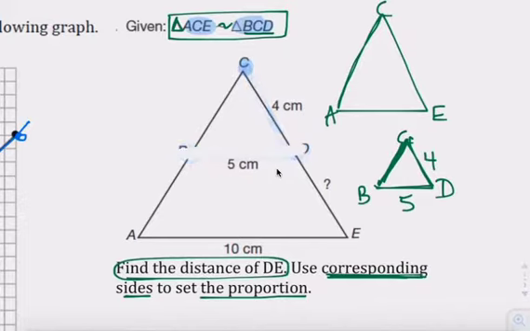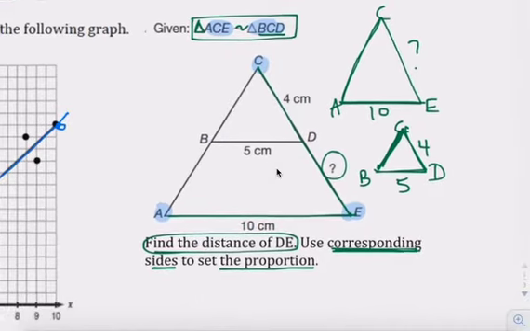Now the big triangle, A, C, and E. This length, AE, right here is 10. This length is unknown because this is missing, so we give it a question mark for the whole entire thing.